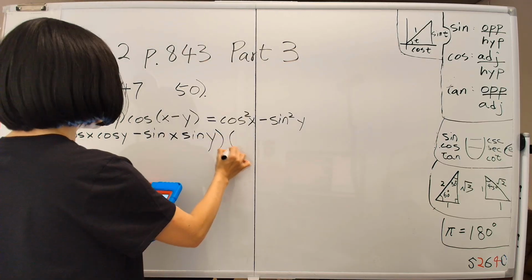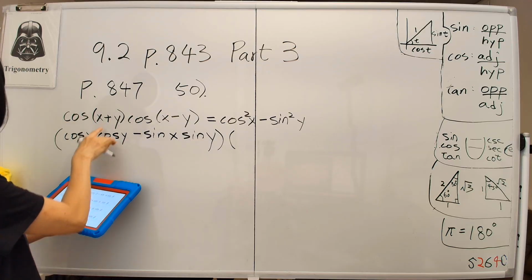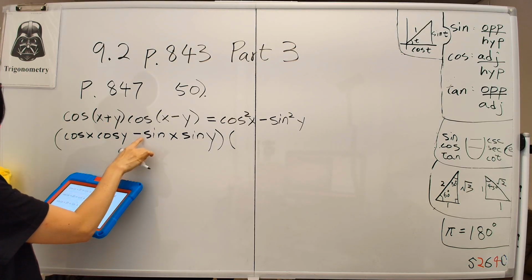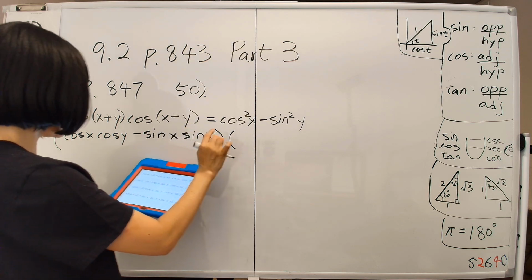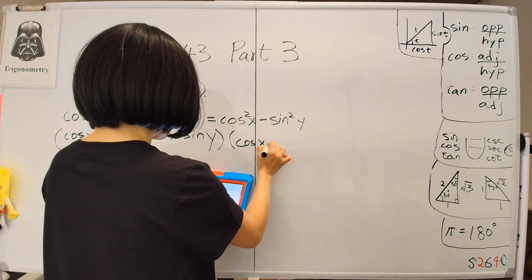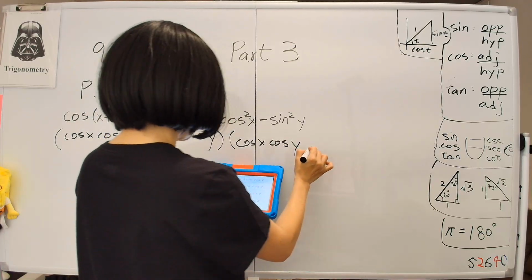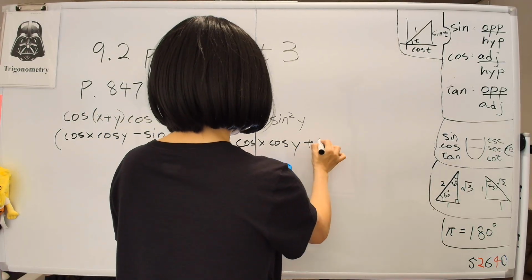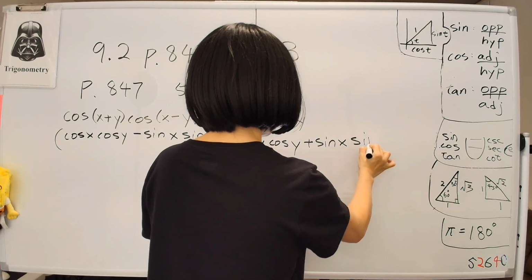This will be multiplied by this part, where the plus 1 turned into minus, and then the minus 1 is going to turn into plus, all right? So that becomes cosine x cosine y plus sine x sine y.